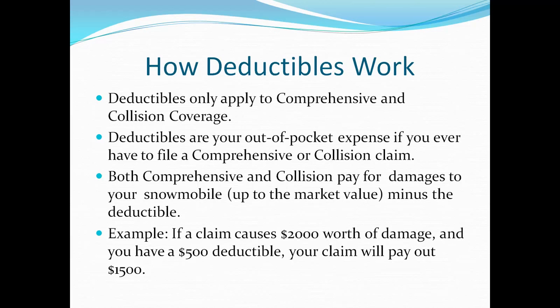So for example, let's say you have a claim that's $2,000 worth of damage and you have a $500 deductible. Your claim is going to pay out $1,500, the difference. And so deductibles have an inverse relationship with price, meaning the lower the deductible, the higher the premium, and vice versa.